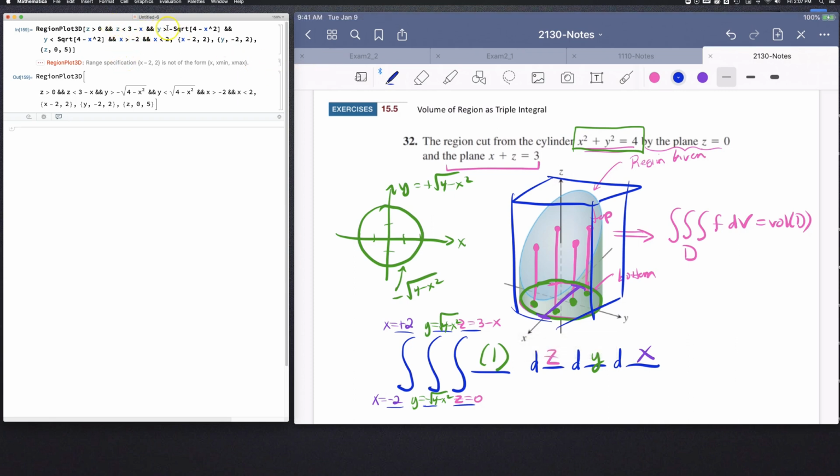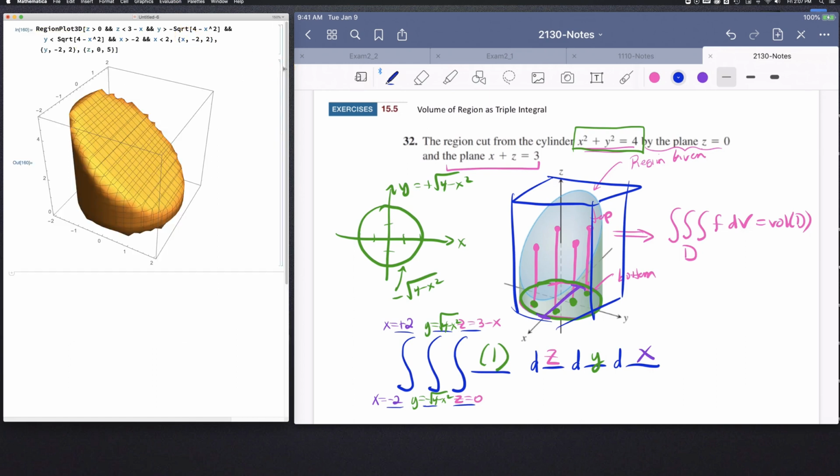Checking to see where I wrote the range -2 to 2. Oh, missing a comma again. So here is our region of integration. Plot points goes to 30.